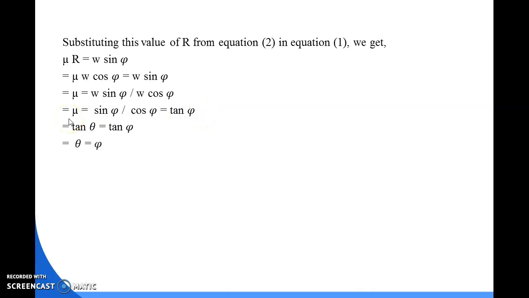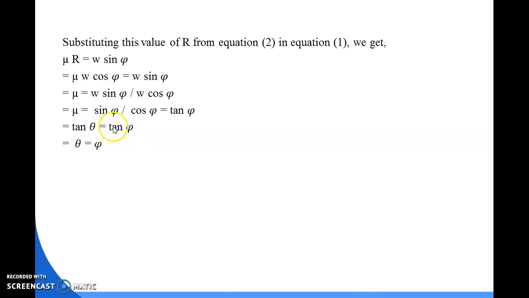According to the relationship between coefficient of friction and angle of friction, we know that mu is equal to tan theta. So we can put tan theta in place of mu. So tan theta is equal to tan phi.